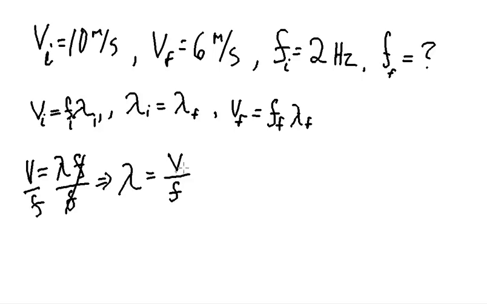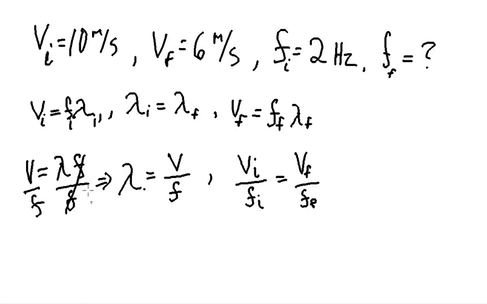So this is true for both the initial and the final. So I could put an I here and here and here, or I could put an F here and here and here. So since we know that the initial wavelength is equal to the final, what we can say is that the initial velocity divided by the initial frequency is equal to the final velocity divided by the final frequency.